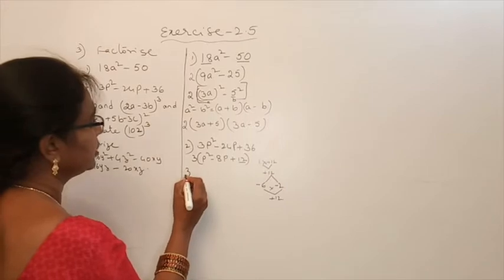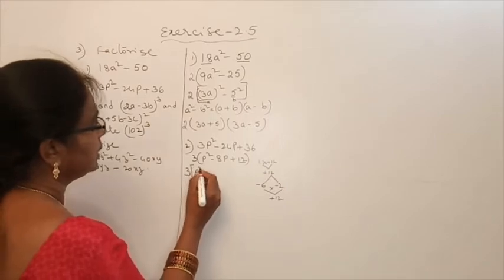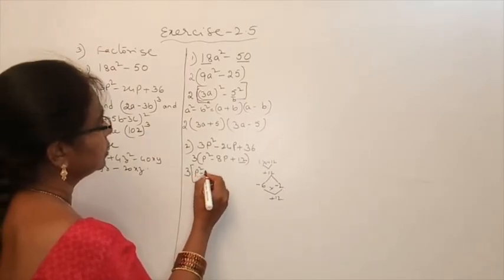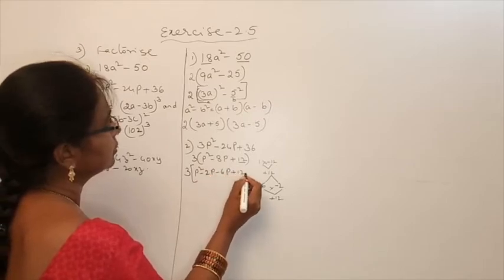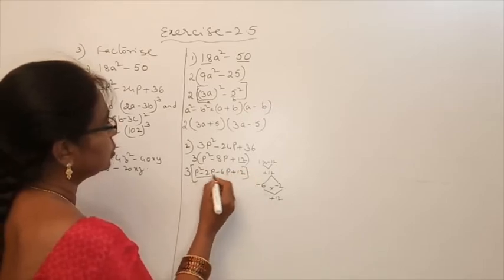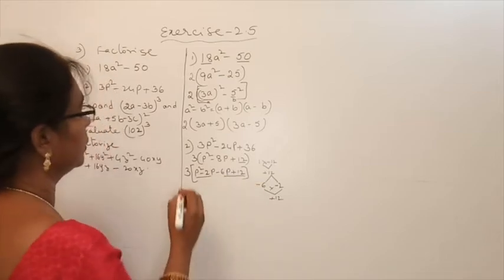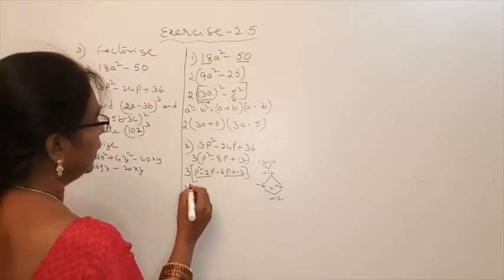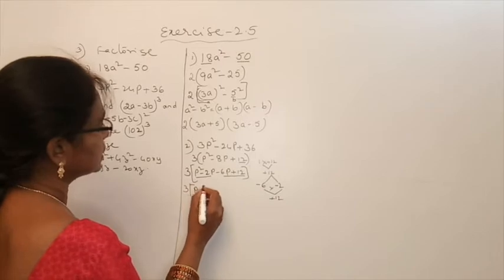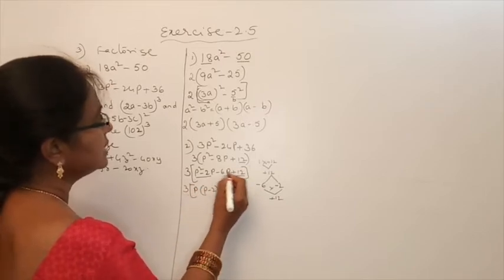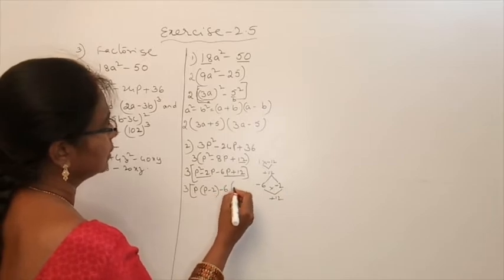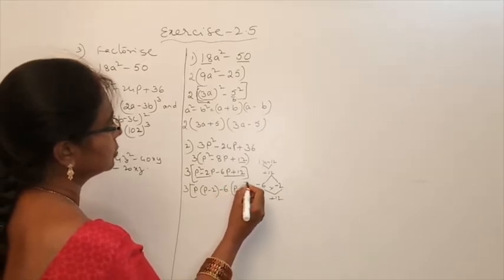Now 3 into p square minus 2p minus 6p plus 12. Now take 2 terms and take common factors. Which is common? Only p is common: p into p minus 2. Here minus 6 is common: minus 6 into p minus 2.